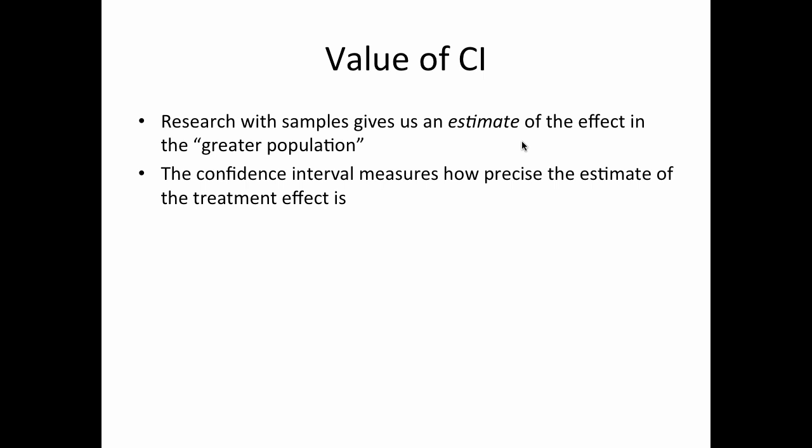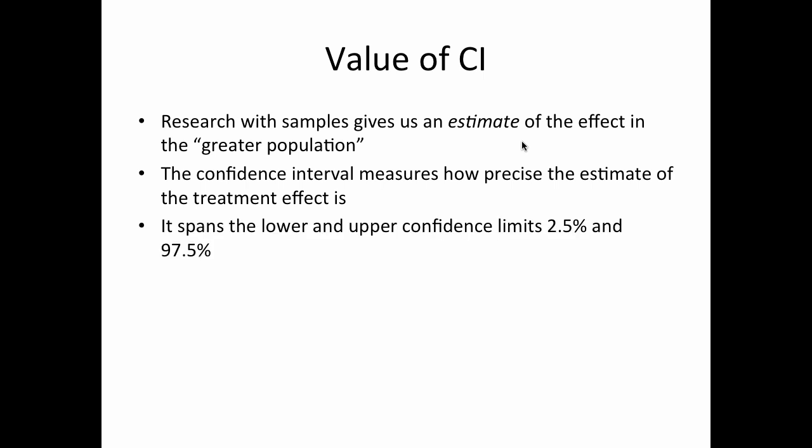We can, however, calculate a confidence interval around that mean, and that confidence interval can be used to tell us how precise the estimate of the sample is compared to the true value of the whole population of students.